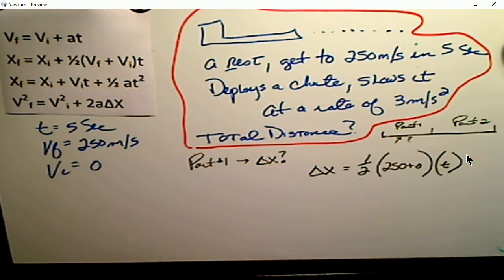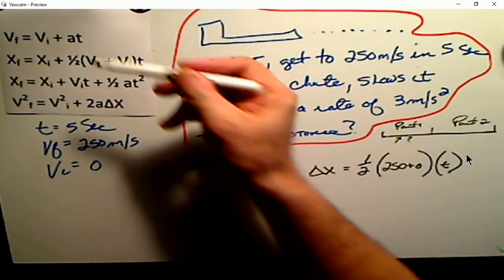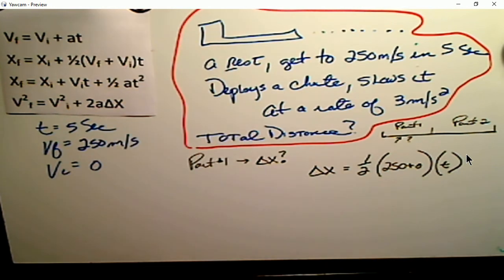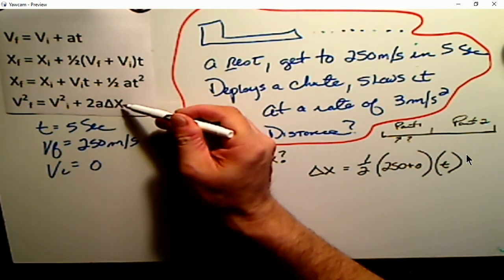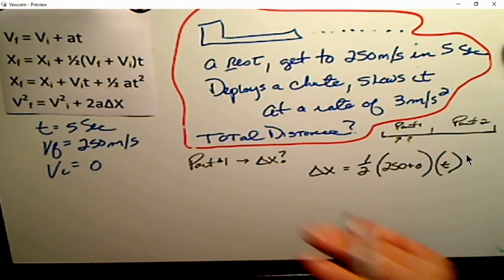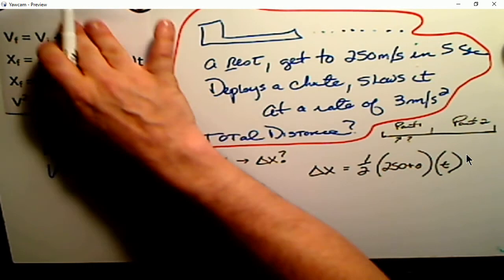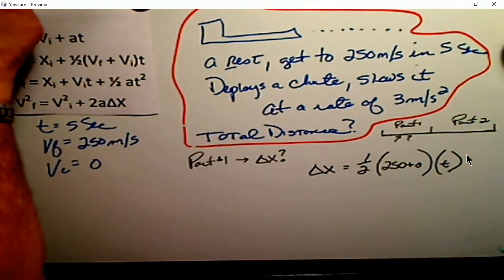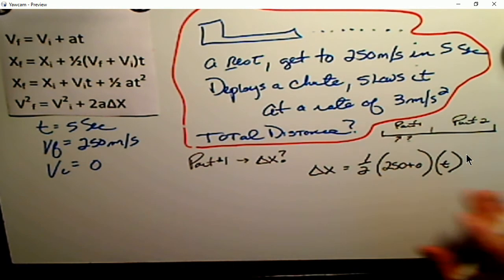By the way, I could have also used the first equation to get acceleration, and then use that in this equation to get the change in displacement. Either way, all 4 of these equations are self-consistent. You better get the same answer for all 4, or it isn't constant acceleration.